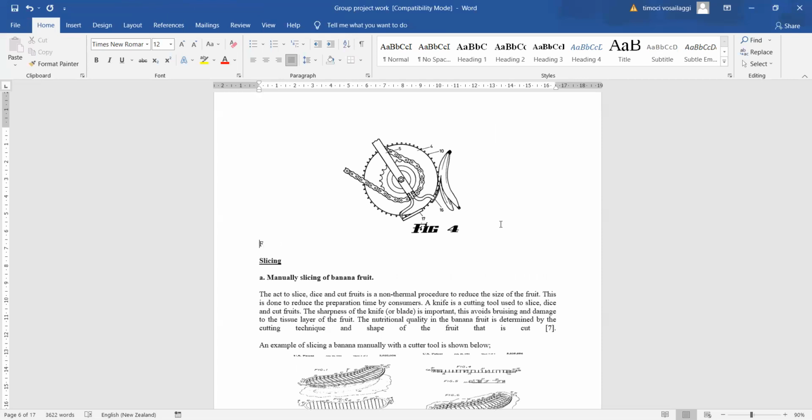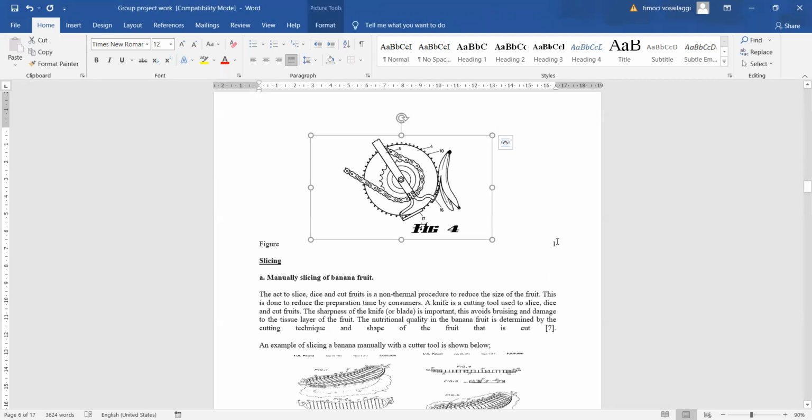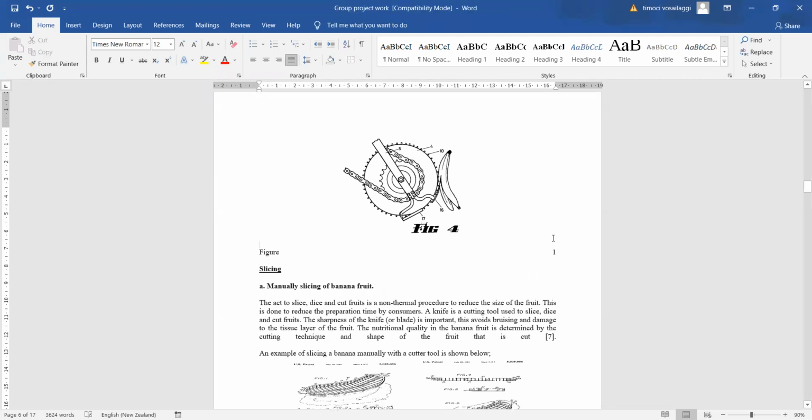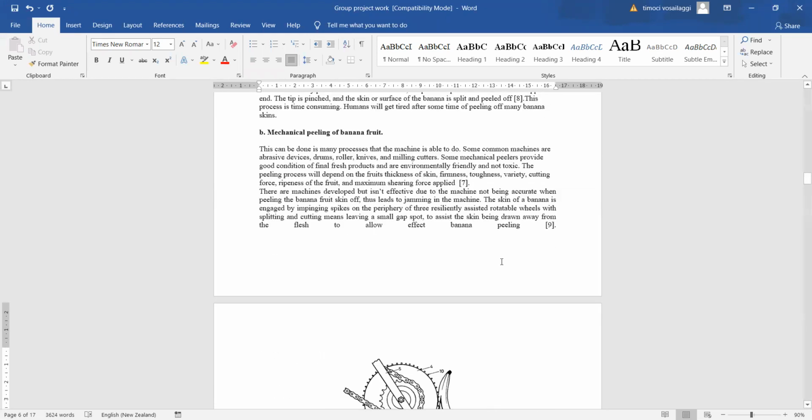So this would be figure 1. Figure 1, what is this? Banana peeling mechanism.